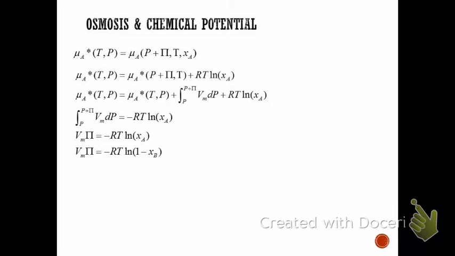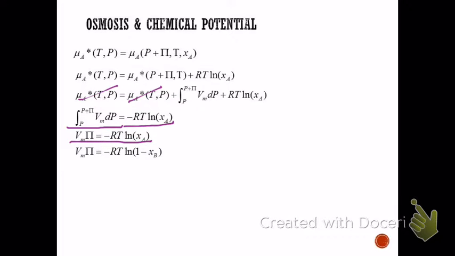All right, so of course these terms are going to cancel, and we rearrange the equation, so we have an equation relating our simple integral here to the mole fraction of A. And of course, if we assume that the molar volume of the solvent, and remember this is the molar volume of the solvent that we're talking about, remains constant over this particular pressure range, then that becomes a constant integration, and we end up with the result that we see here after the integration.